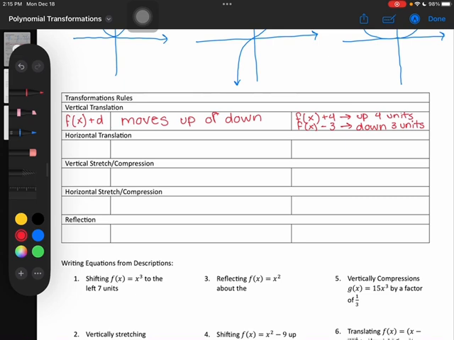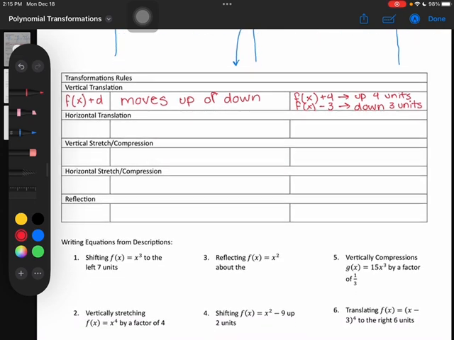Then we have horizontal transformations that happen on the inside, so either inside the quadratic or inside the cubic. That's going to look something like f of x minus c on the inside. This is going to move it left or right, and it always moves it the opposite of what we think.